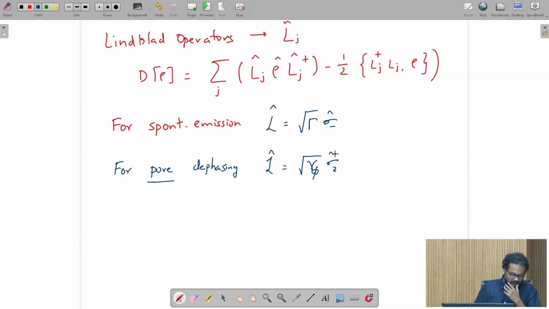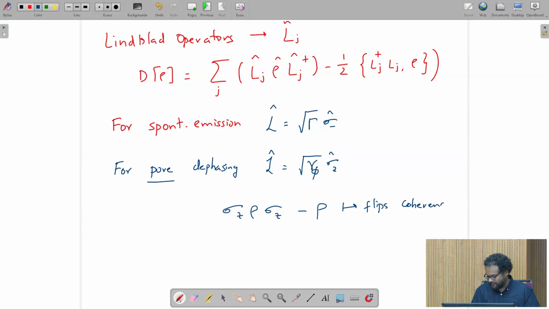If you think about this, if I take this Lindblad operator, put it back here, you will have a term of this kind. If I substitute in this, you'll get it. Basically, you can show that this is flipping coherence. So it's adding phase randomly.